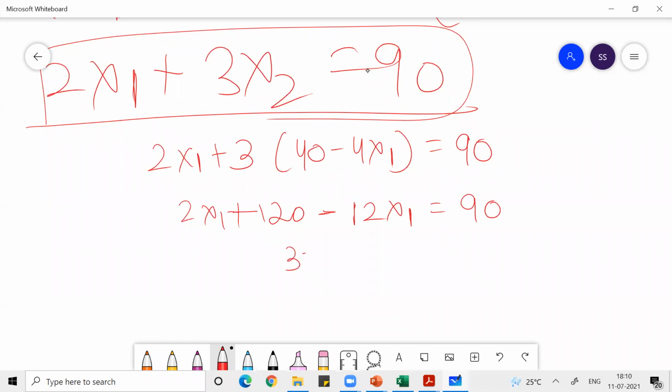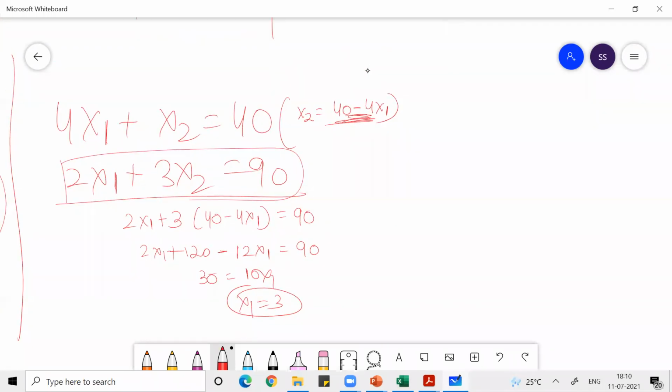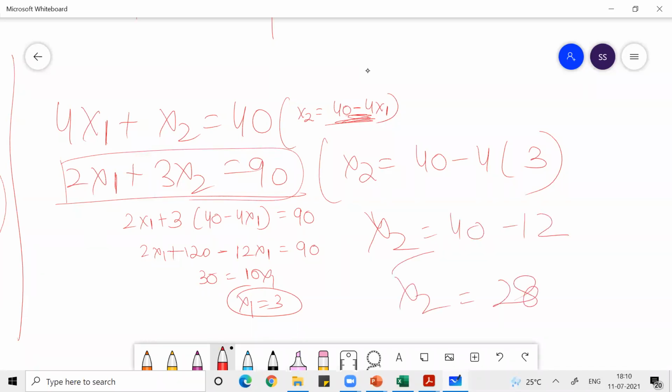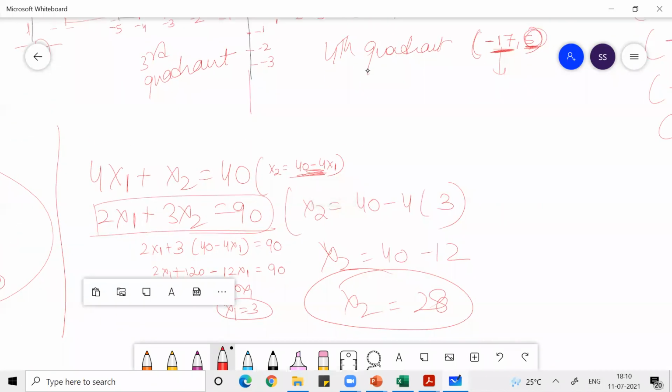So you'll get 30 is equal to 10x1. So x1 is equal to 3. If you get x1 is equal to 3, put this here and find the value of x2. 40 minus 4 into 3. x2 is equal to 40 minus 12. So x2 is equal to 28. So whichever way you do it, you'll get the same answer. Clear?